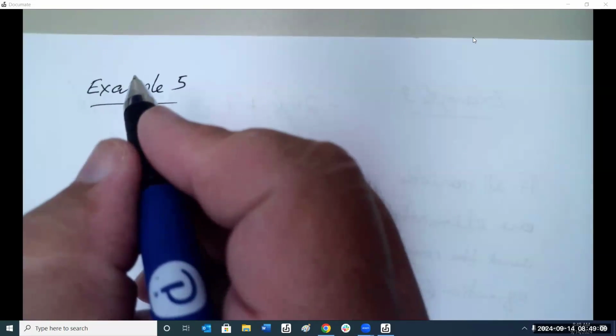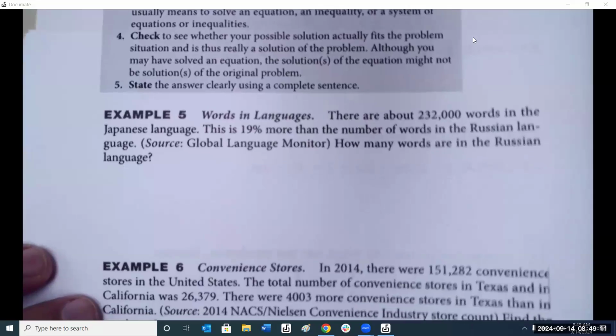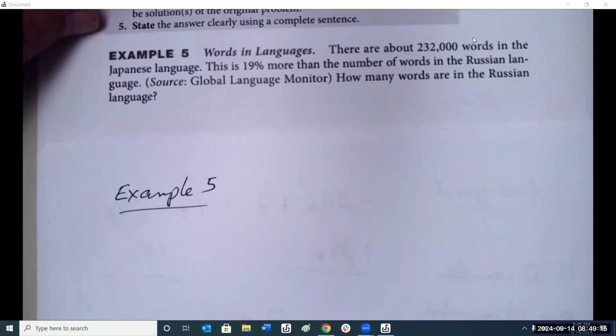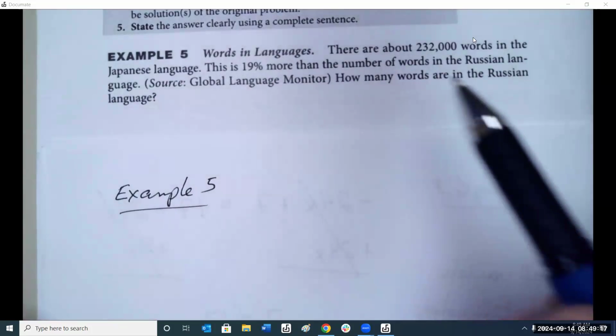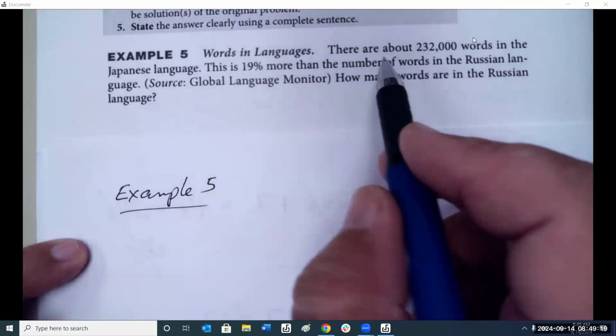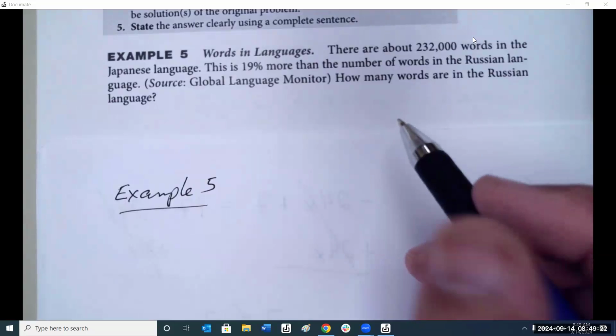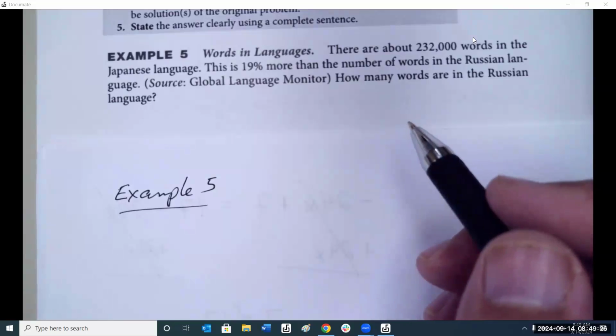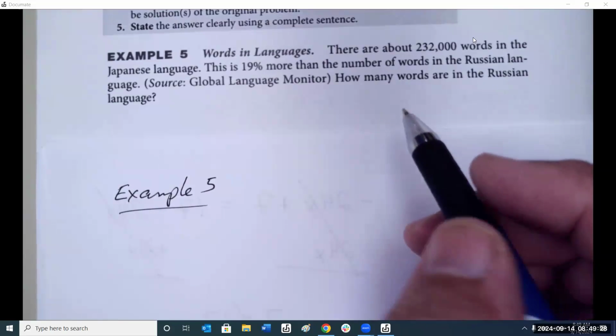Example 5. Let's look at this. Words in languages. So when you read each sentence, translate what that means into either numbers, equations, formulas, or whatever.